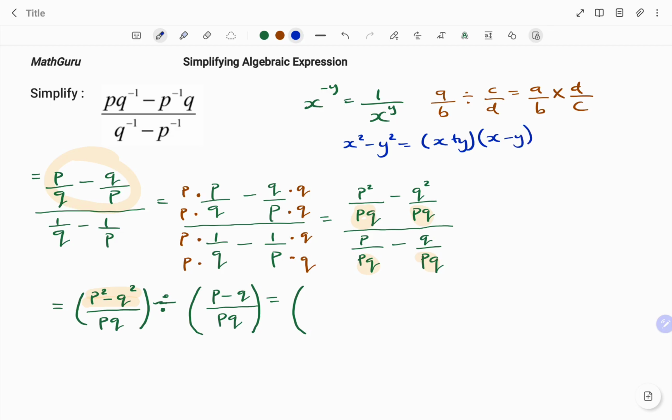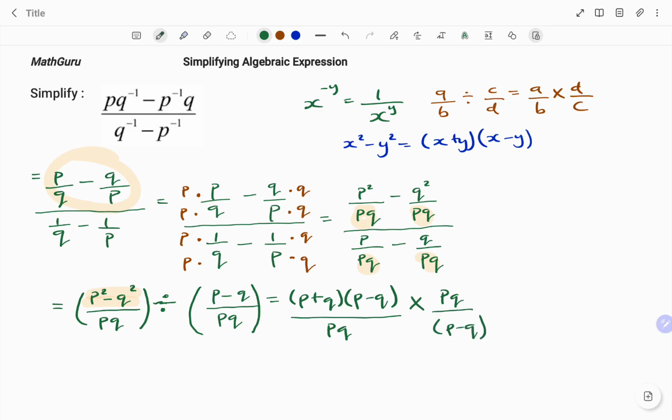So I'm going to do the same for p squared minus q squared. That becomes p plus q multiplying p minus q, divided by pq, and then my division sign changes to multiplication, and then I flip the term on my right, so that becomes pq divided by p minus q.